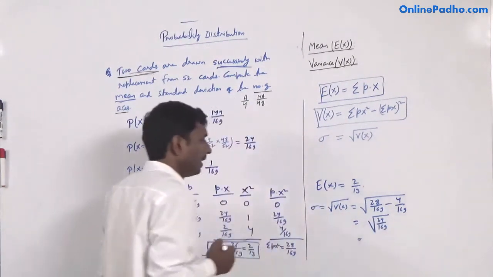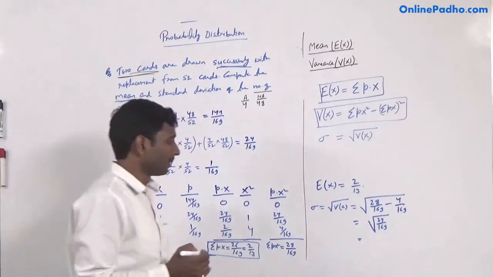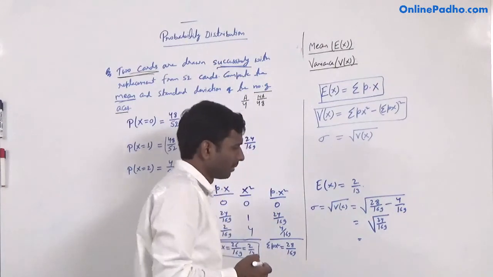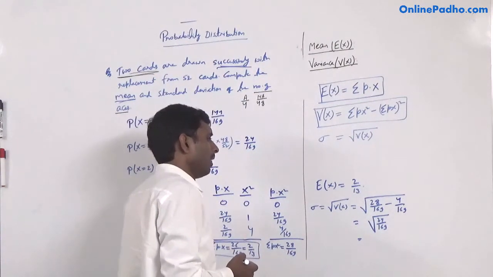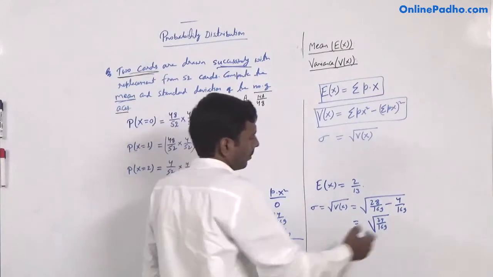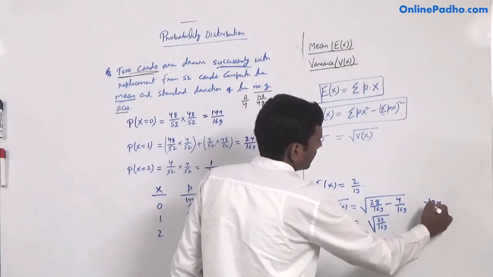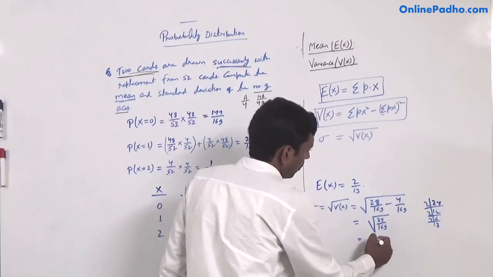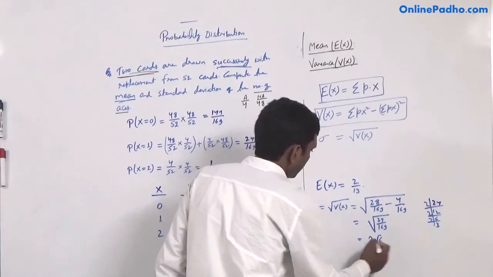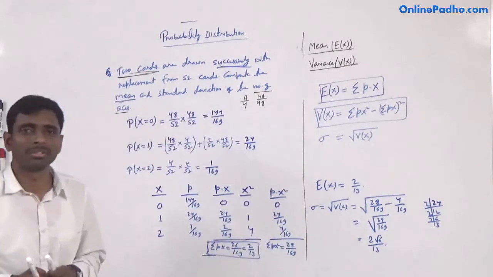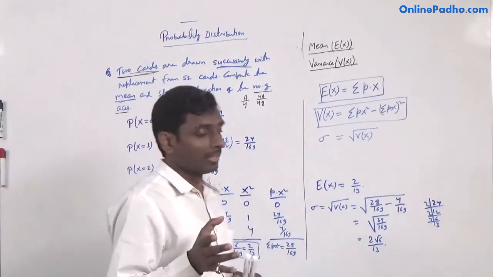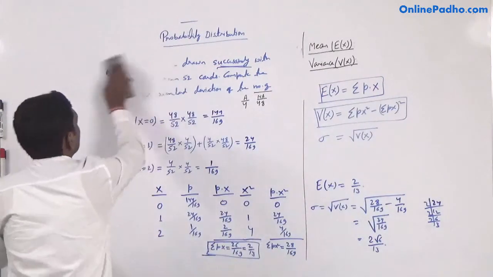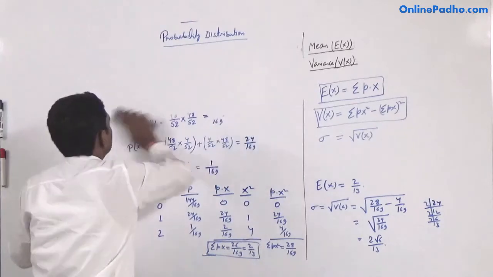Now we can simplify this and we'll get the standard deviation. 24 means 12 twos are 24. We can simplify the square root. It will be 2 root 6 divided by 13. This is called the standard deviation for this question, right? In this way you can find the standard deviation, variance and the mean of some probability distribution, right?